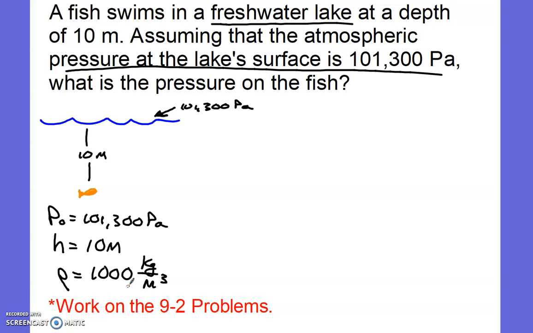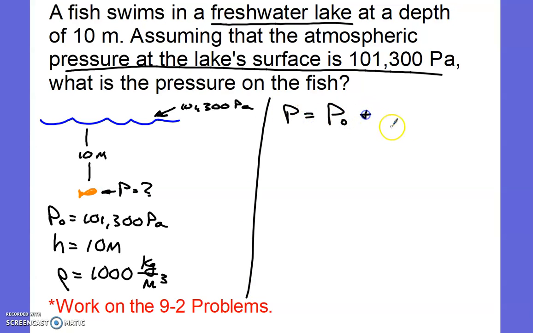We want to know what is the pressure at the bottom on the fish. If we go to our formula, it says that the pressure at the bottom is equal to the pressure at the top plus the density times gravitational field constant times our depth. Pressure at the surface is 101,300.